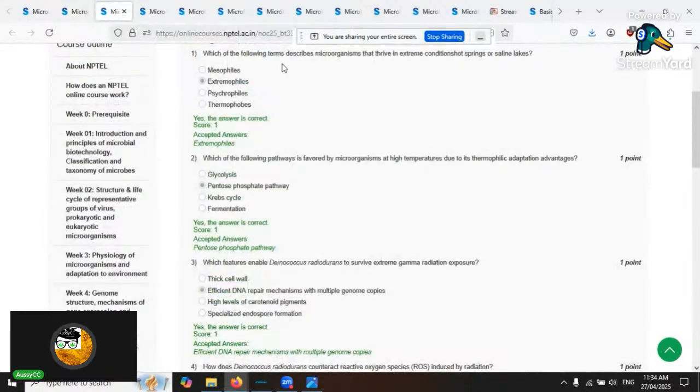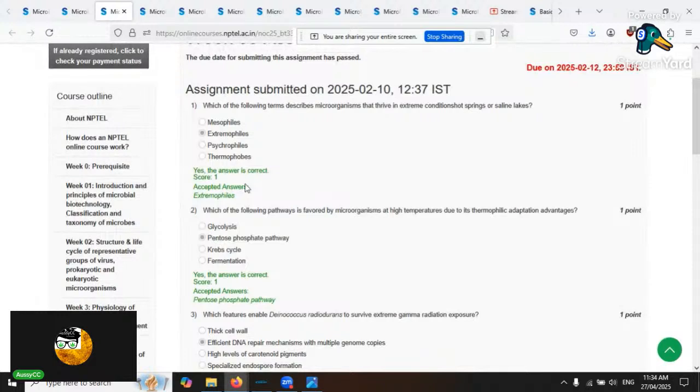Which term describes microbes that thrive in extreme conditions, like hot springs or salt lakes? Extremophiles. Which pathway is favored by microbes at high temperatures due to its thermophilic adaptation advantages? It's the pentose phosphate pathway.